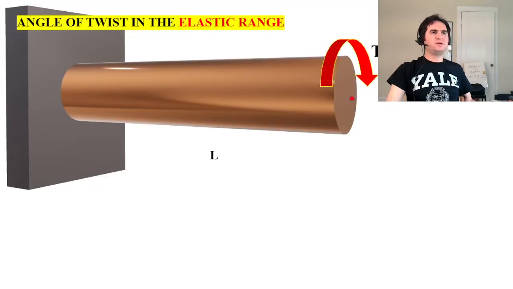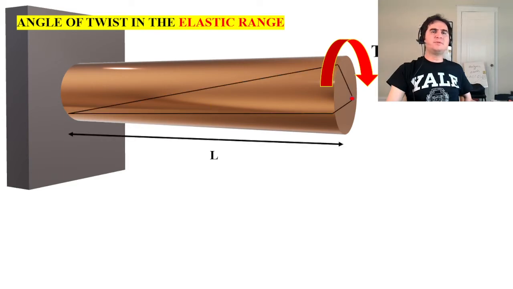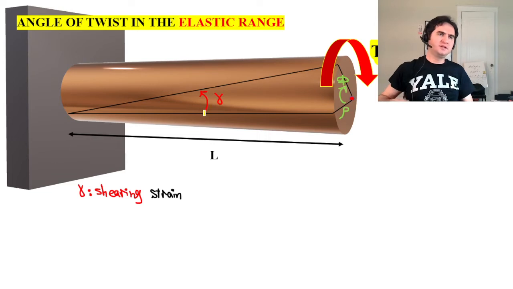If we have a solid cylindrical shaft of length L, handling a torsional torque T applied at the free end, and we want to observe the change in elements, there is a rotational angle here.